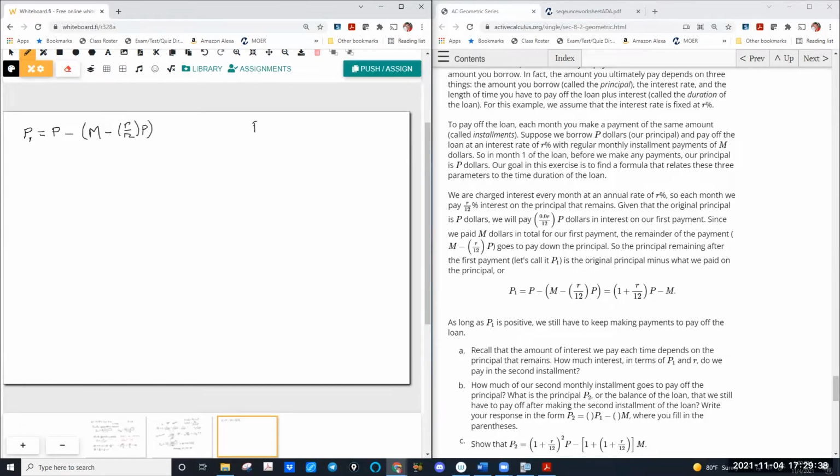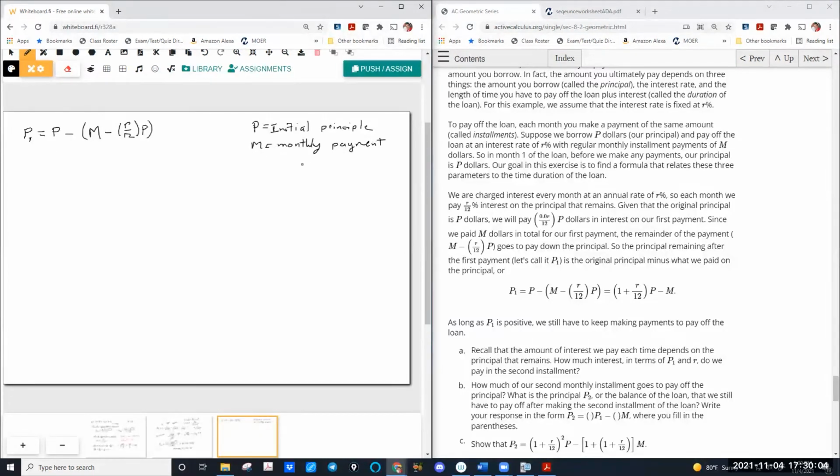Let's write that down. P equals our initial principal. So if we borrow $100,000, that's the 100,000. So that's our initial principal. M is our monthly payment. Okay, that's what comes on our car bill, mortgage statement.